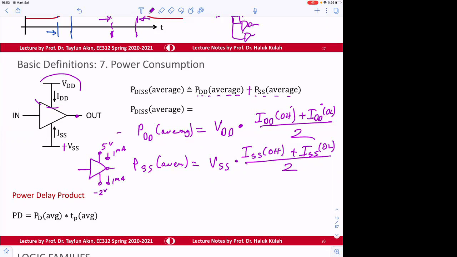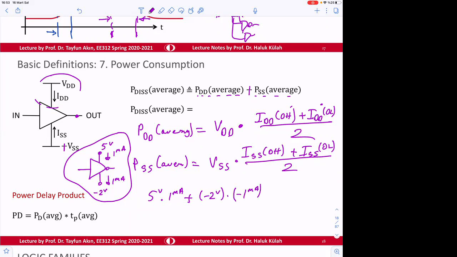What is the power dissipation here? 5 volts times 1 milliamp plus minus 2 volts times the current out of the supply, which is minus 1 milliamp.